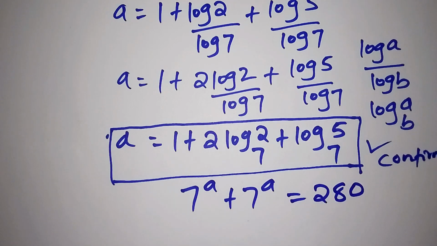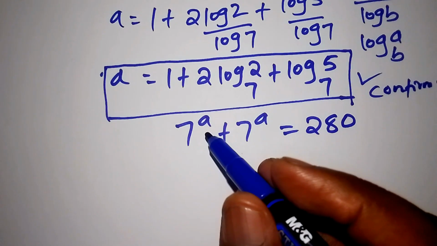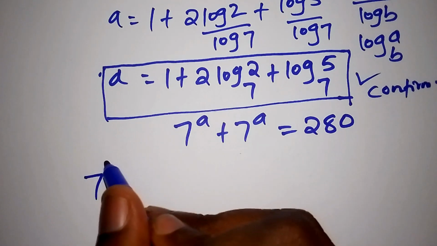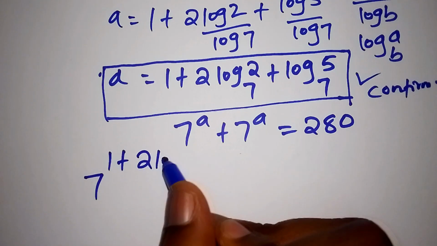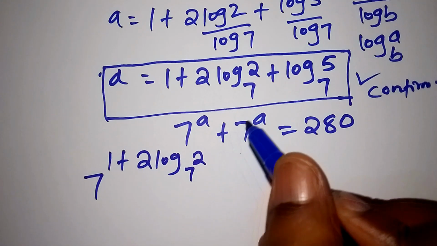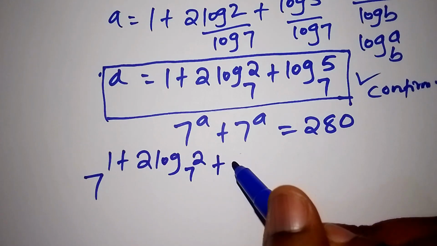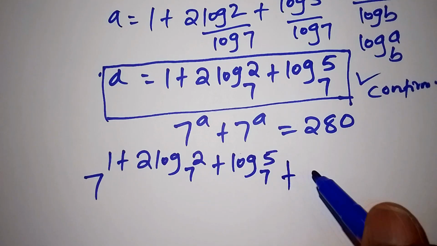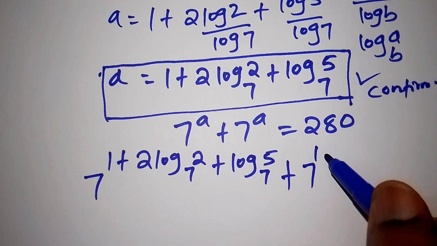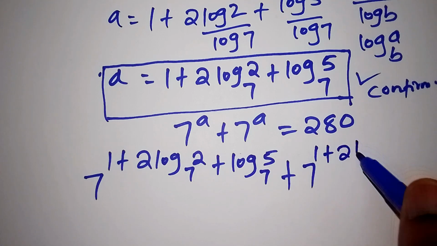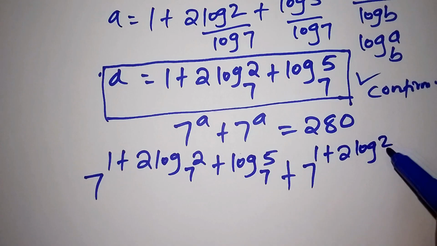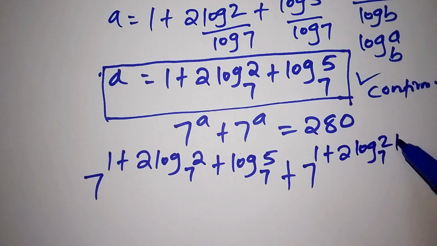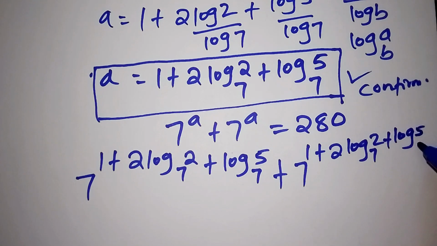So instead of writing a, we shall write 7 to the power of 1 plus 2 log of 2 to the base of 7 plus log of 5 to the base of 7, then plus 7 again to the power of 1 plus 2 log of 2 to the base of 7 plus again log 5 to the base of 7, and this is equal to 280.